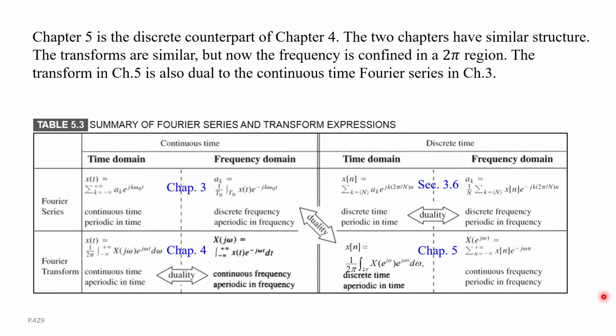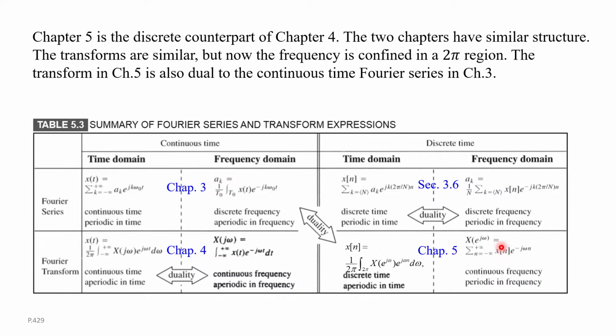But now we have a kind of high-level duality, which we kind of saw in chapter 3 already. That is, you change x of t to x of n, so you change from a continuous signal to a discrete signal. Because on the time domain you are discrete, then on the frequency domain, big X, you will get periodicity.